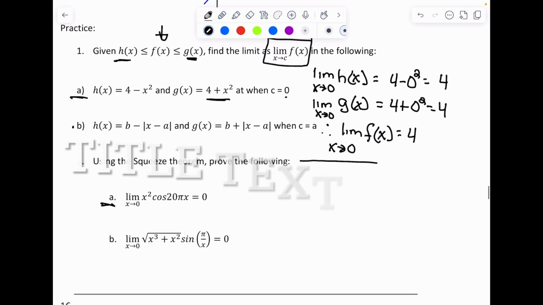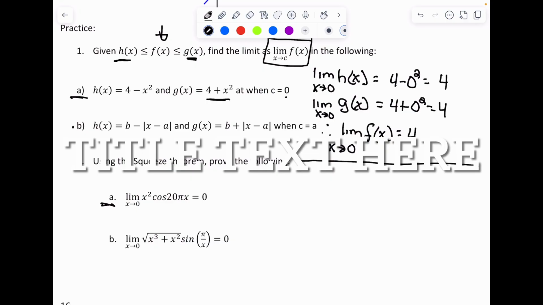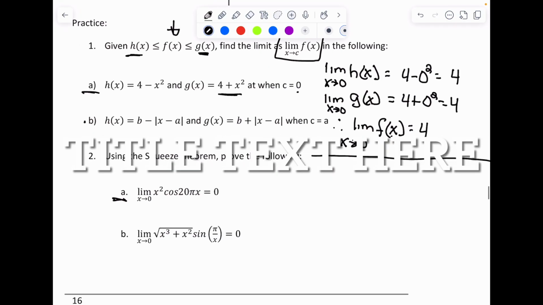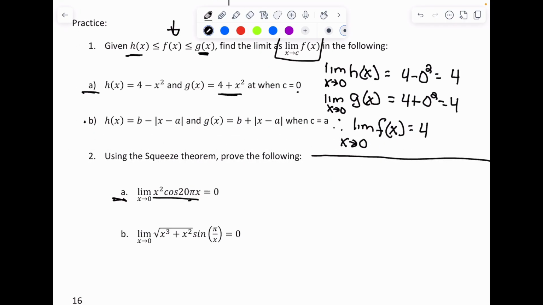to use the squeeze theorem to prove that the limit as x approaches 0 of this particular function, x squared cosine 20 pi x, is 0. Okay, we could do a direct substitution and prove that, but let's use the squeeze theorem. Okay, so using the squeeze theorem, we're going to start by looking at simply cosine 20 pi x, because I know a thing or two about cosine.